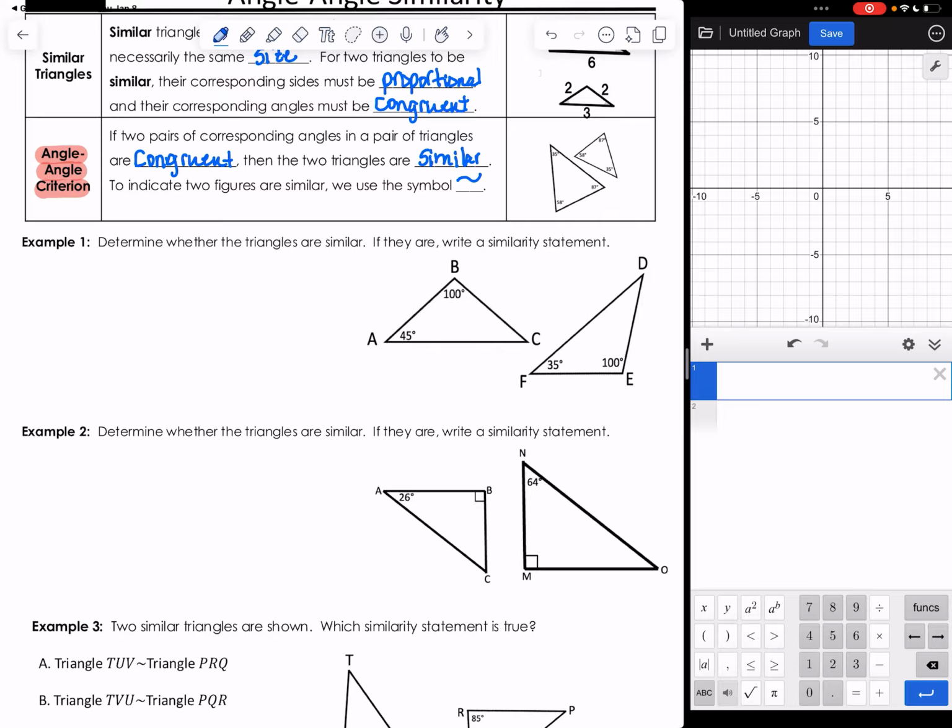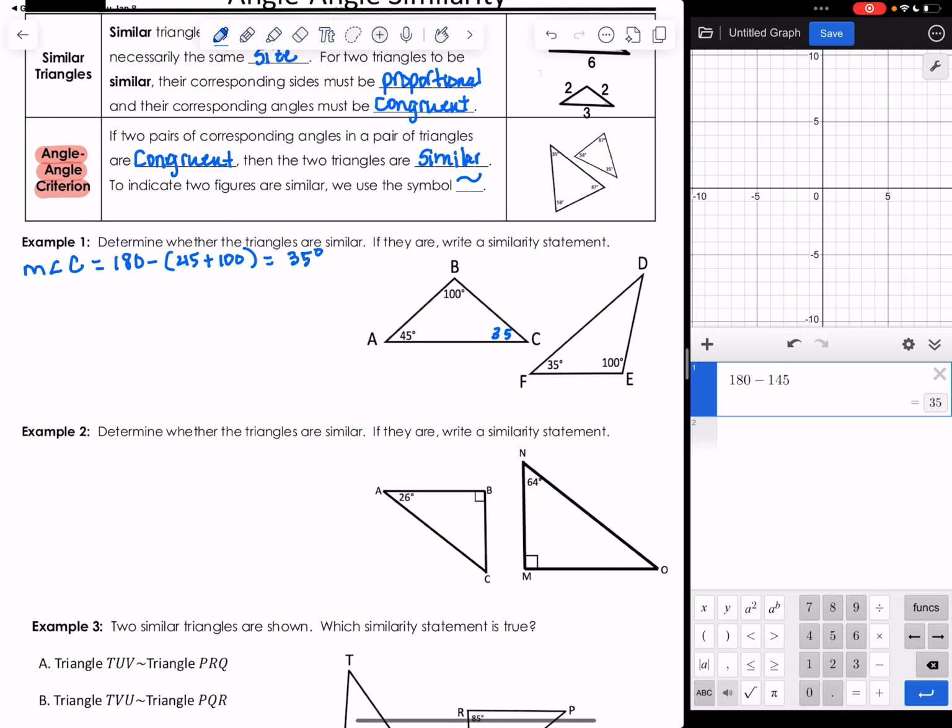So what I want to do in triangle ABC is determine the measure of angle C. So to do that, we're going to take 180 and subtract the sum of the other two angles, 45 plus 100. So 180 minus 145 would be a measure of 35 degrees. So I know this is 35 degrees.